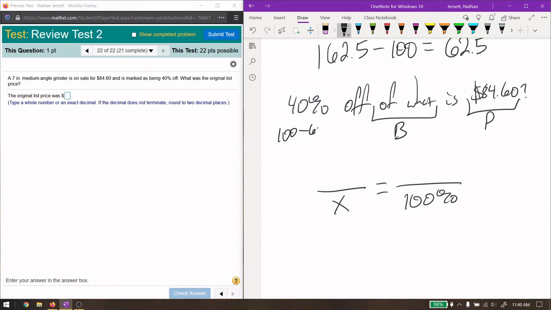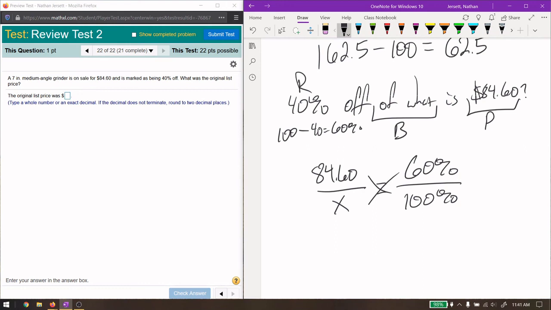So 100% minus 40 equals 60%. If it's 40% off, then it's actually 60% of its original price. We have 60% there. That's going to be our percentage. And then, of course, we know that 60% relates to the $84.60. That is 60% of the original price.